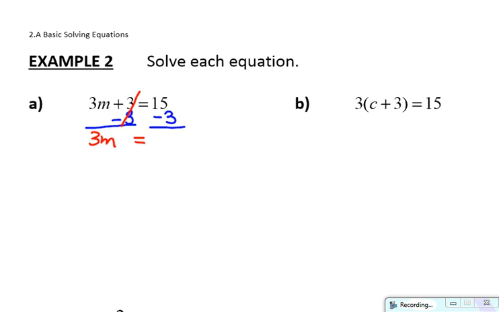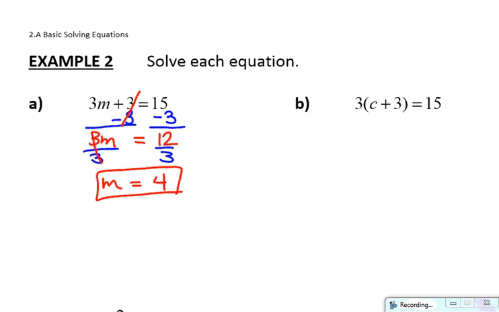Those go away. 15 minus 3 is 12. Now we have 3m is 12. Since it's 3 times m, we'll do the inverse operation of multiply, which is to divide both sides by 3. Those cancel, and I'll end up with m is equal to 12 divided by 3 is 4.